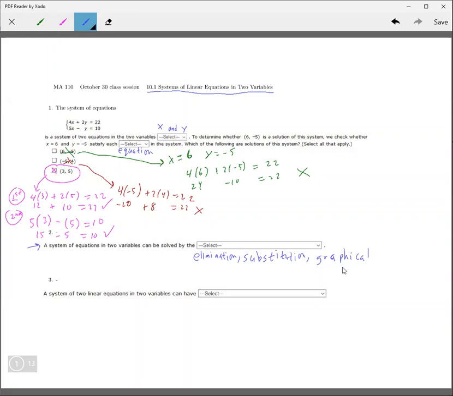Now when you have these systems of equations, there are 3 possibilities. You could either have one solution, or no solution, or infinitely many solutions.